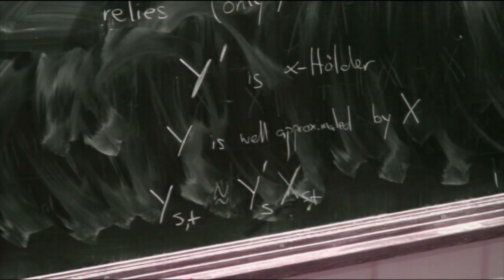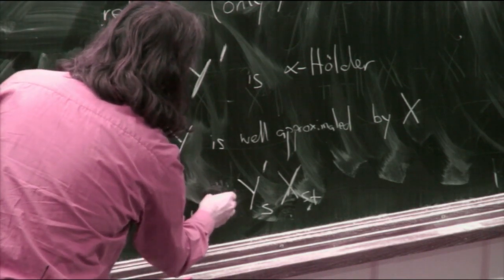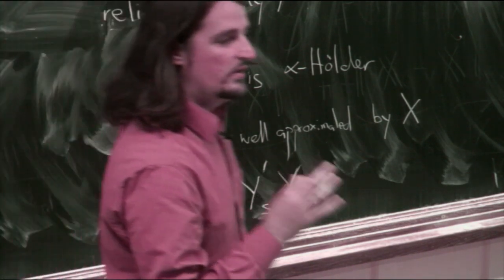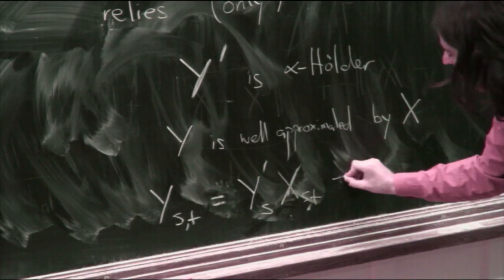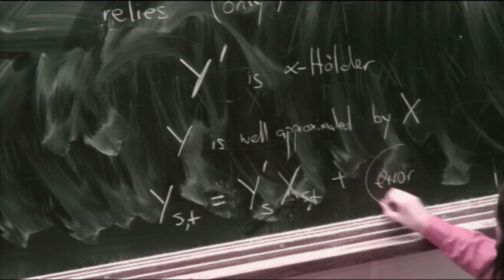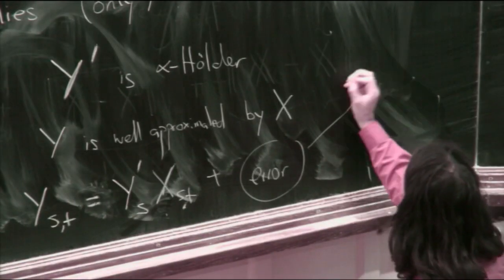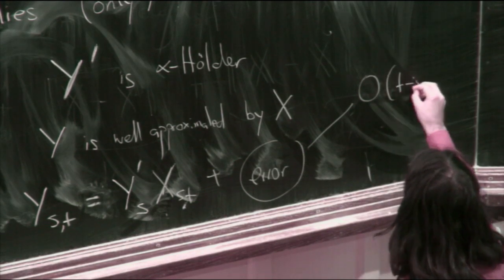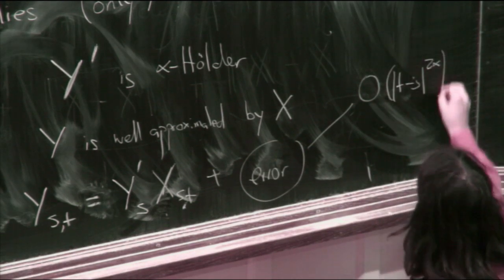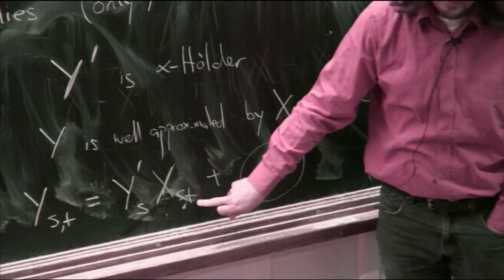And now, again, let me make this a real statement here. What you want is equality here with an error plus error, and this error here should be of order (t minus s) to the 2 alpha. So it's like a fractional Taylor expansion to order alpha.